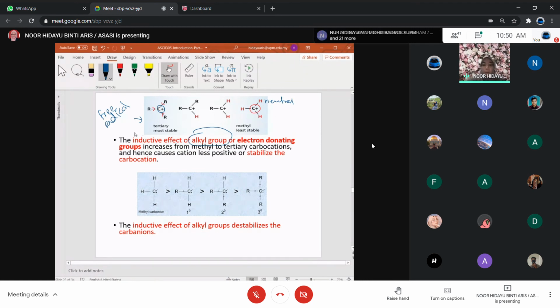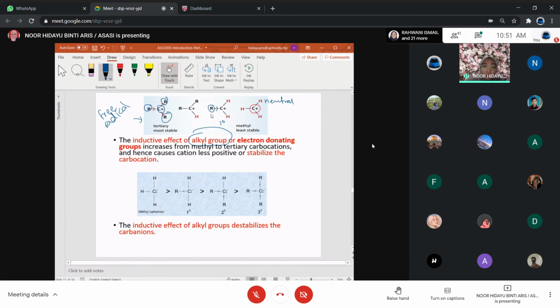So if you compare, kalau kita ada 3 alkyl group yang akan donate dia punya elektron dengan 1 je alkyl group yang akan donate elektron dekat carbocation. Mana lagi stable? Primary or tertiary? 3 alkyl group dengan 1 je alkyl group.